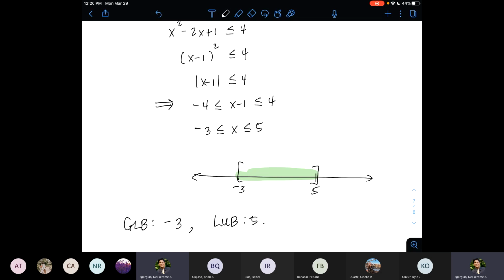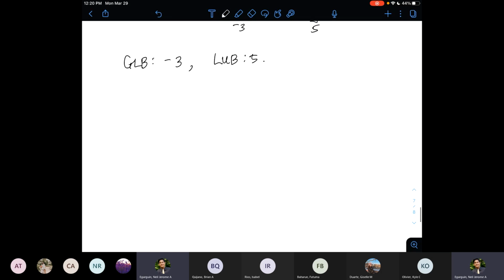I guess the gist of section 9.1 is finding the LUB and the GLB because they imply some properties about the convergence of sequences, right? So any questions on that before we go to section 9.2? Because I think section 9.2 is the more interesting one, wherein we need to determine whether a function or a sequence is convergent or not.